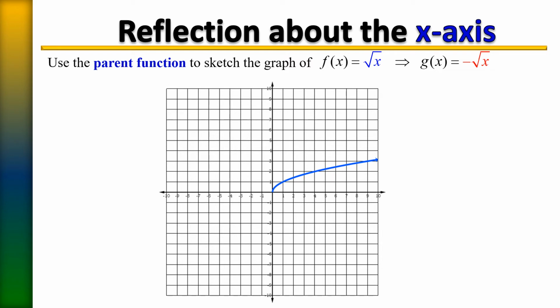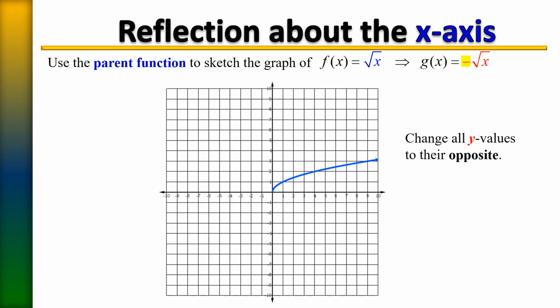When you see the negative outside in front of the function, you should know that you are reflecting that image about the x-axis. And to do that, all you have to do is take a few points from your parent function graph and change the y values to their opposite.